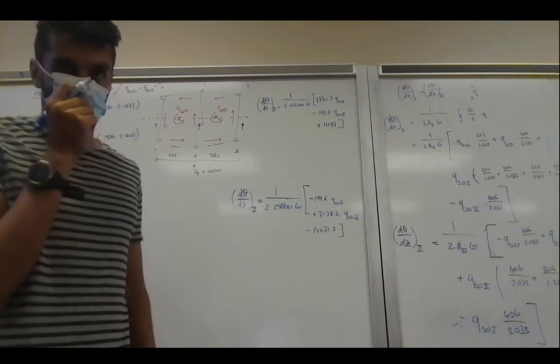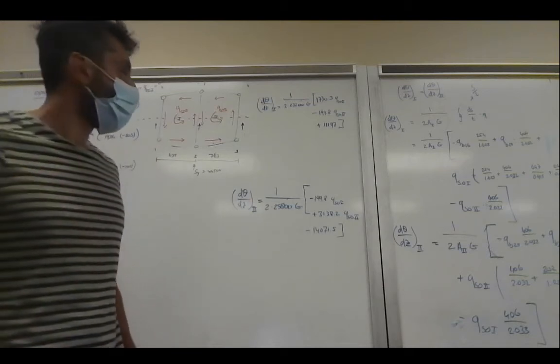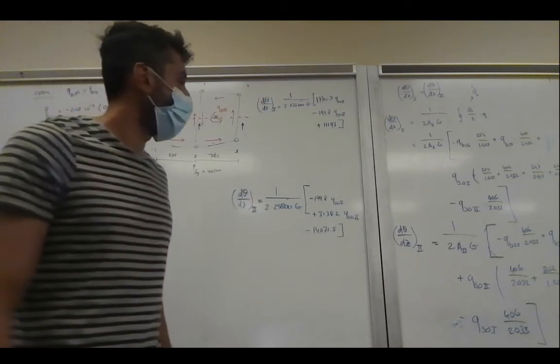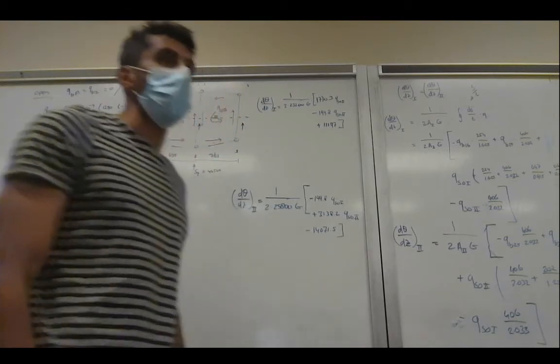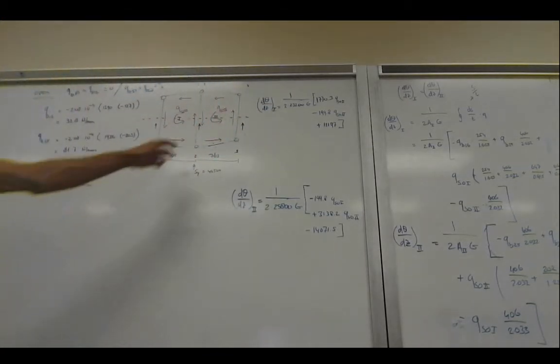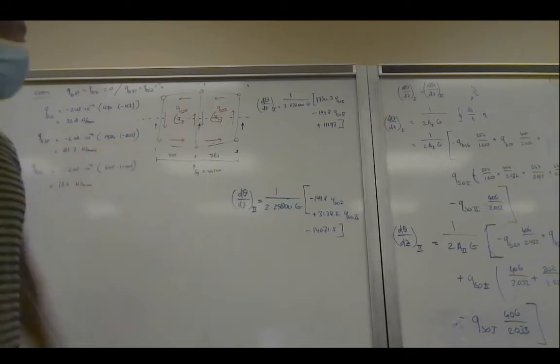Is it any coincidence that the QS02 value is the same as the QS01 value in the different phase? No, it's not a coincidence because they act on the same wall. Okay, that makes sense.